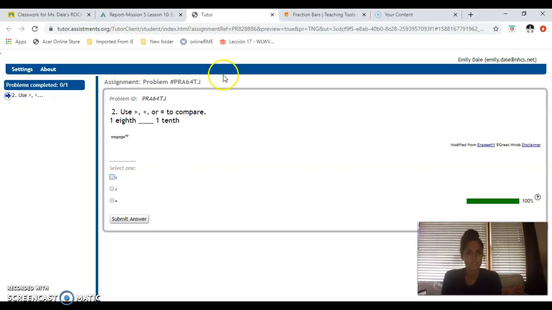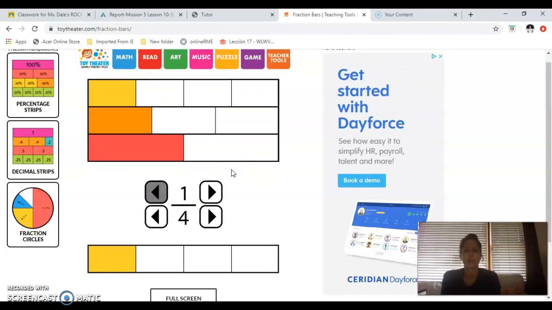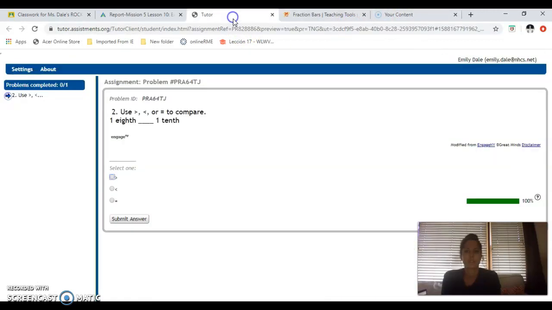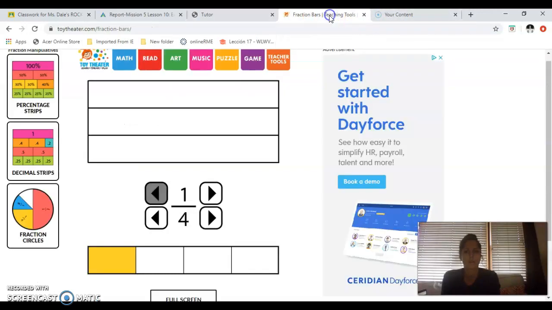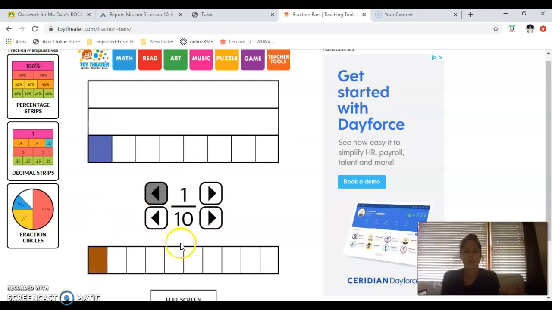So let's go back to this. They're just comparing 2. So I want to clear these. I think I can just put them back. Okay, so we are comparing, let me go back to make sure that I'm doing this right. We are comparing 1/8 and 1/10 and figuring out which one is bigger. We're just comparing them, which one's bigger and which one's smaller. So 1/8 and 1/10.